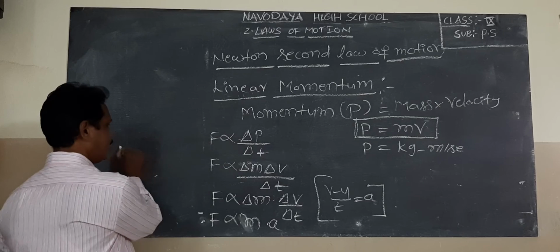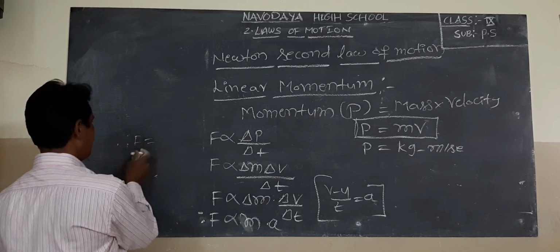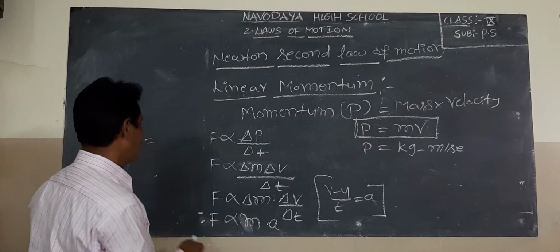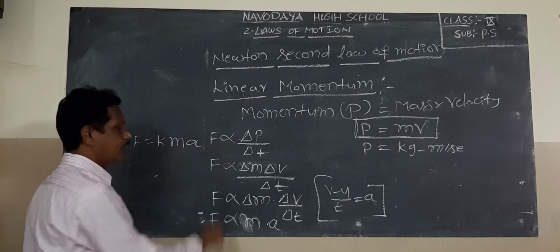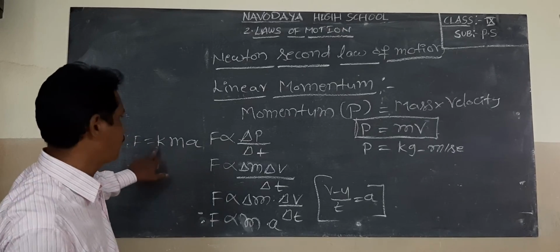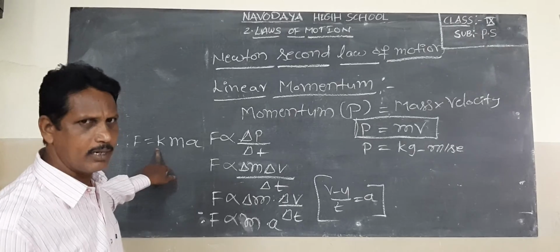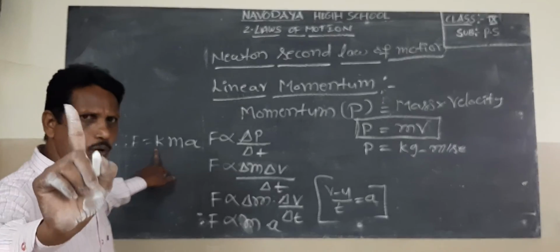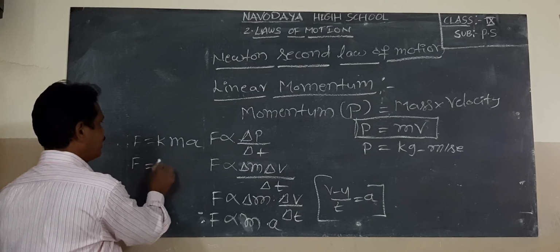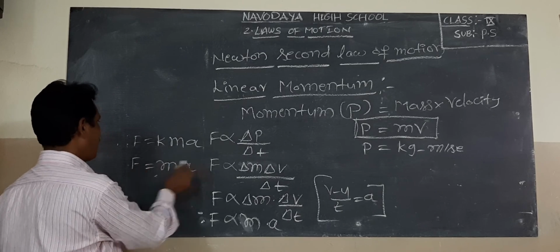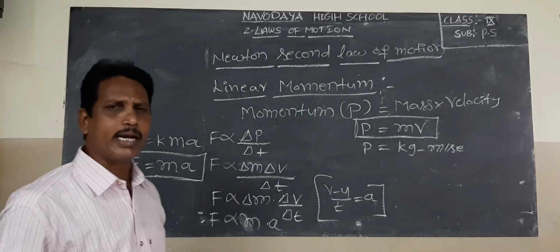Therefore F equals K into MA. K is the proportionality constant. The value of the proportionality constant is always equal to 1. F equals 1 into MA, that is F equals MA. This is Newton's second law of motion.